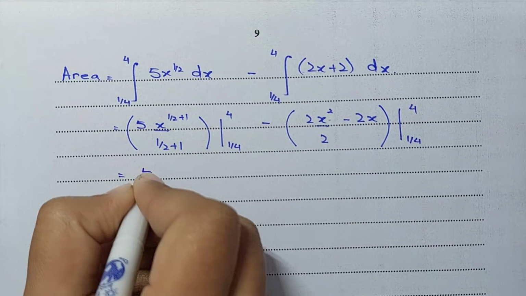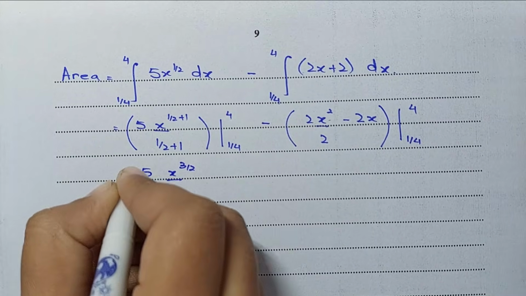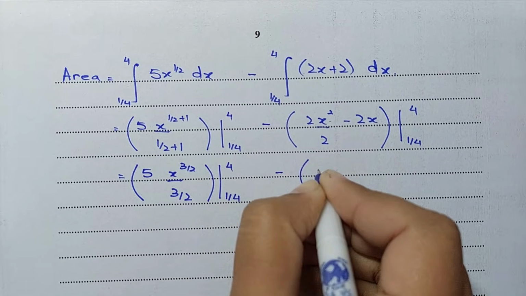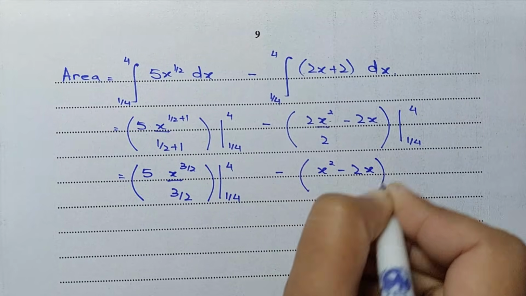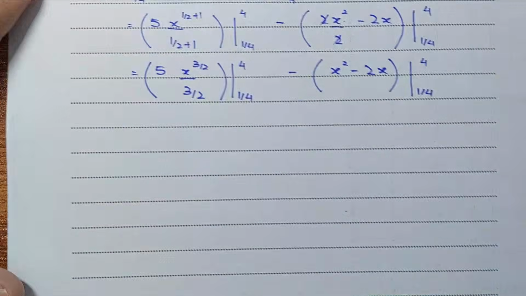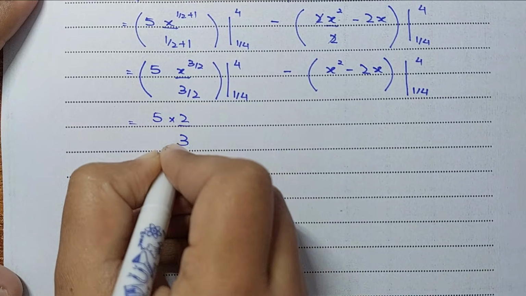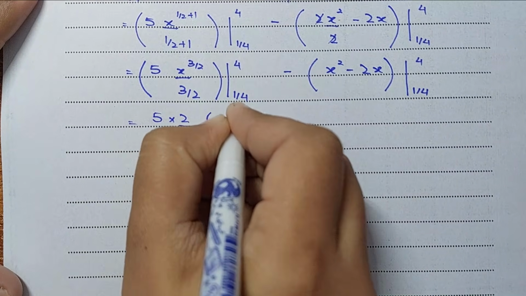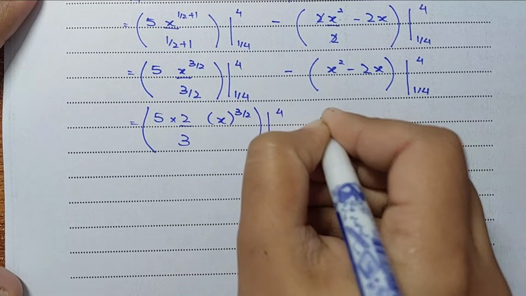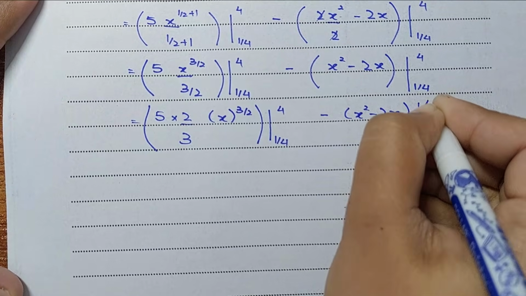Further simplification, we have 5x to the power 3 by 2 divided by 3 by 2, with limits from 1 by 4 till 4, minus x square minus 2x, with limits from 1 by 4 till 4, because this 2 and this 2 are cancelled out, right? Simplified further, 5 multiplied by 2 by 3, and x to the power 3 by 2, with limits from 1 by 4 till 4, minus x square minus 2x from 1 by 4 till 4.